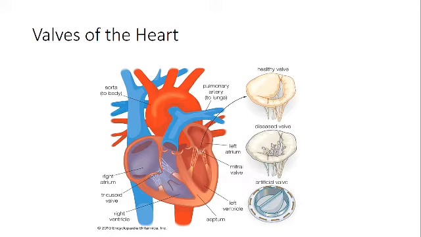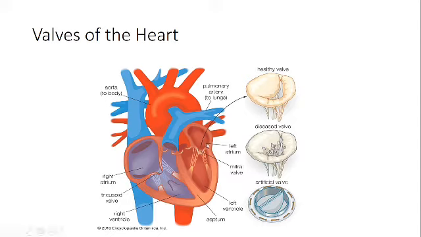These double folds of endocardium are usually strengthened by fibrous tissue. Now, when I say there's a double fold of endocardial tissue, that fold is called a cusp. You can have one cusp, 2 cusps, or 3 cusps.